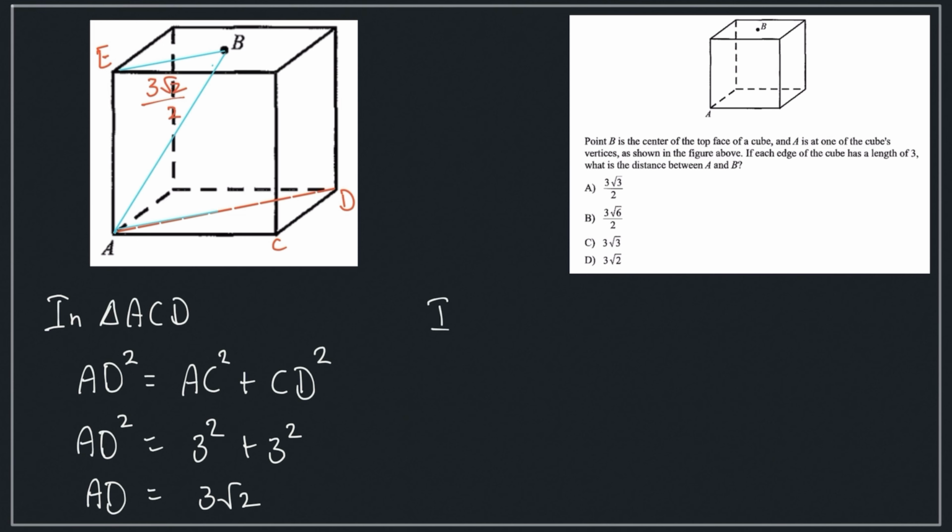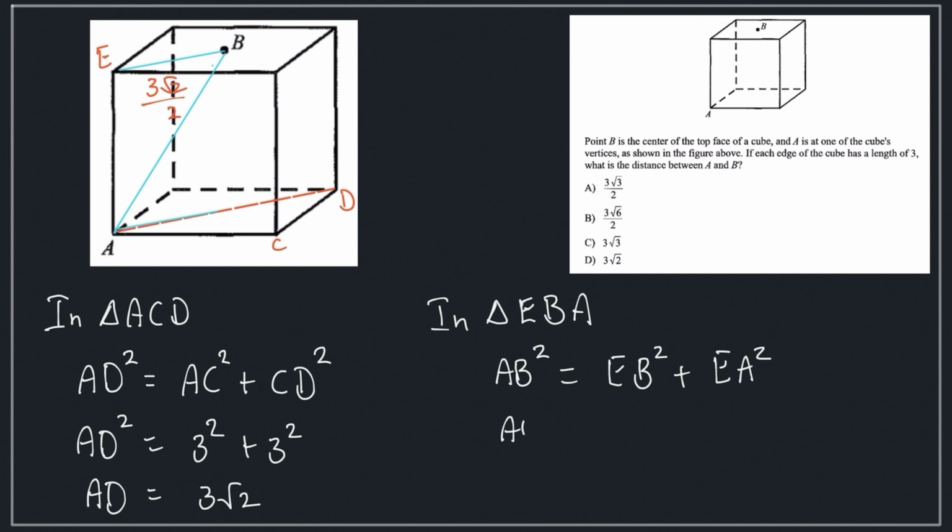In triangle EBA, we can again apply Pythagorean theorem, and AB square will be equal to EB square plus EA square. Since B is the midpoint of the top face, we know EB will be half as long as AD, or EB will be 3√2/2. EA is 3 units long.